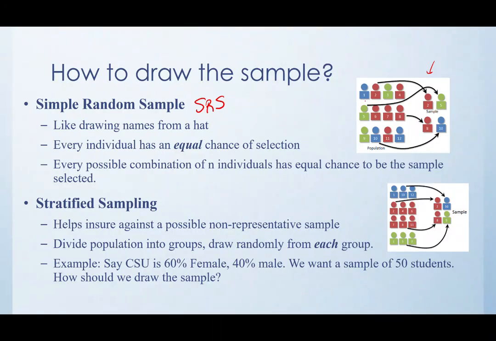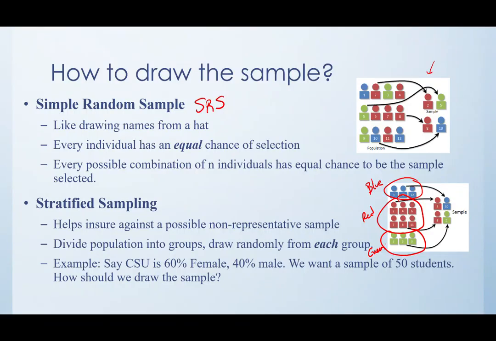So here what you're going to do is take your population and divide it into groups. In this case, we've got the blue group, the red group, and the green group. This is based on some characteristic of the population. Then you draw randomly from each of the groups.